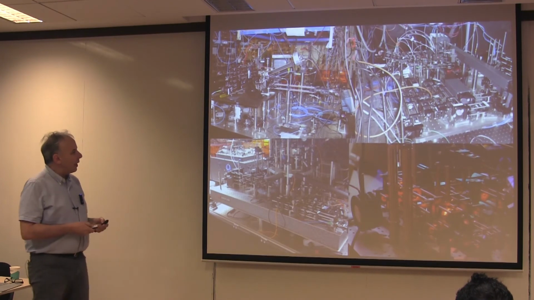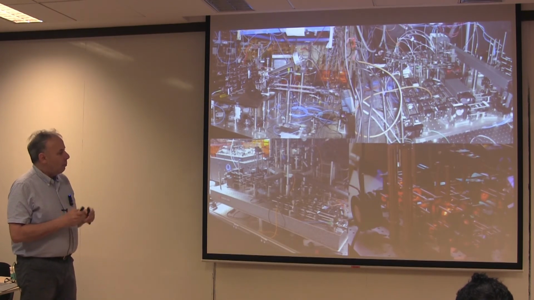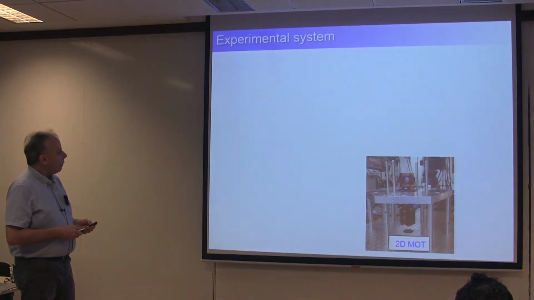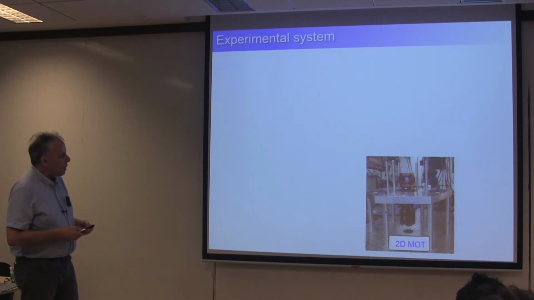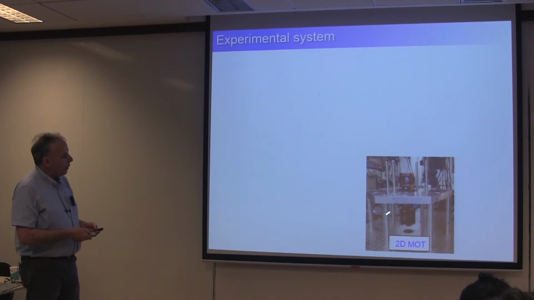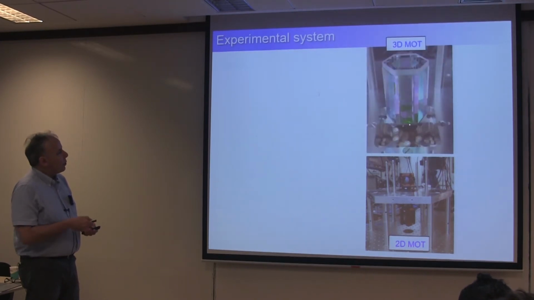But we have these complicated setups to point laser beams in particular directions on these individual atoms. So let me show you some of the aspects of how we do this. We start with a pretty standard setup where we create cold atoms in a two-dimensional magneto-optical trap. We push them up into an all-glass cell where we have good optical access.